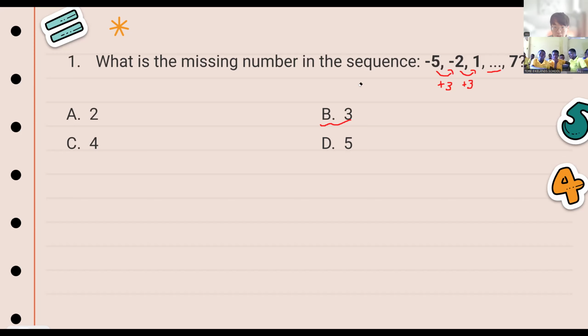Then what would it be for the next one? The answer would be C, right?